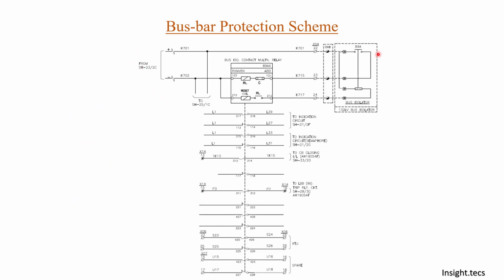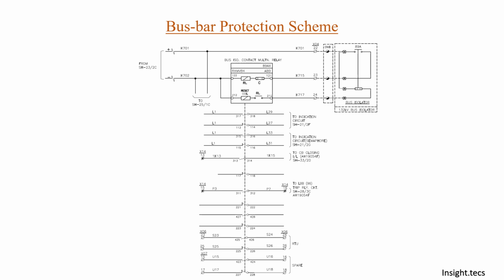Now this is the panel diagram of how the busbar protection scheme can be used. When the positive flows over here and negative over here, this is the contact multiplier relay which is using this coil for operation. In the normal open condition, the positive will be over here, and through this path it will reach over here, and the simple ISO open LED will be glowing.